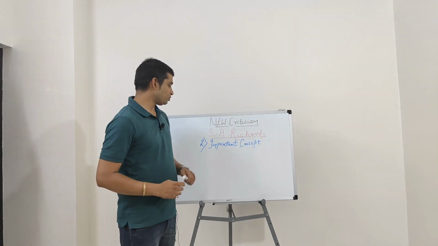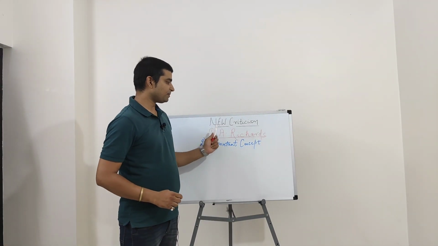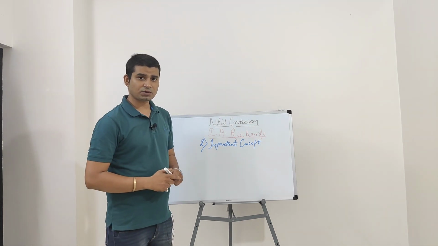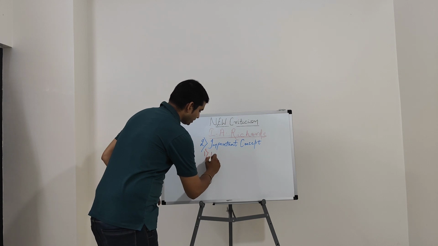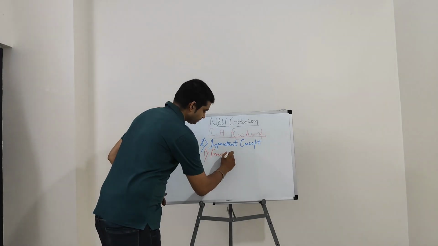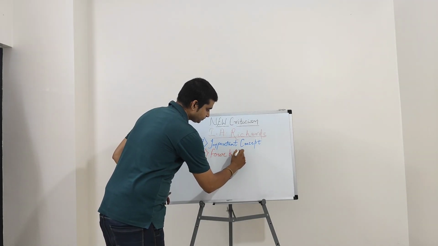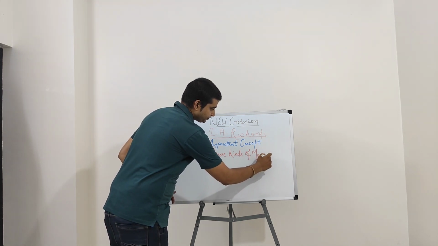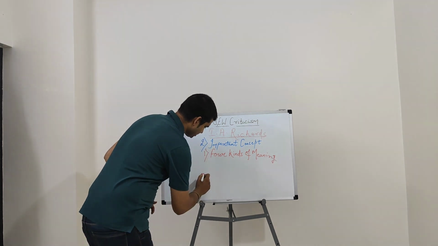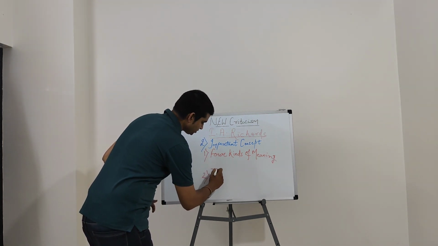Now, when we talk about the important concepts given by I.A. Richards, the first important concept is four kinds of meaning, and number two is two uses of language.